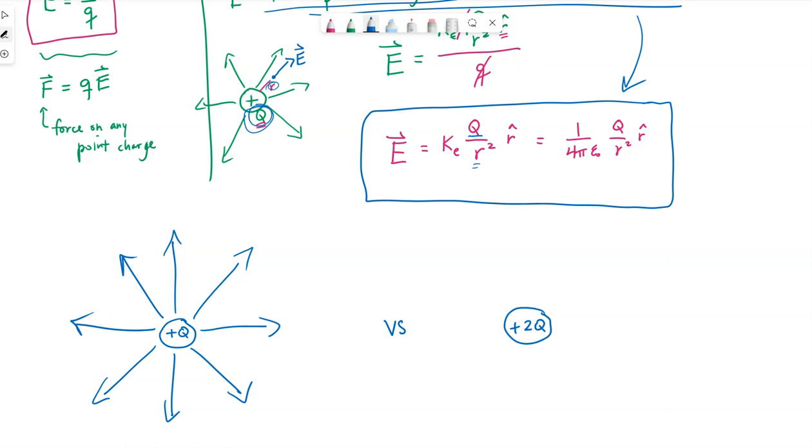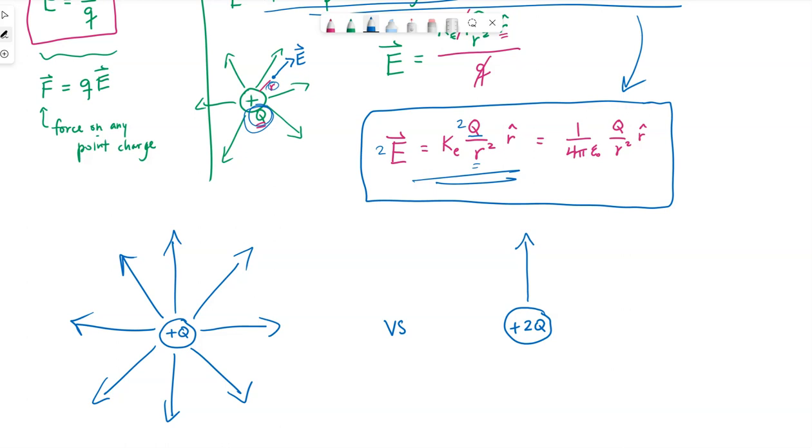Well, if we think about the equation up here, the electric field is going to change if the charge creating it changes. If I have twice the charge, then this electric field is going to be 2 times bigger.